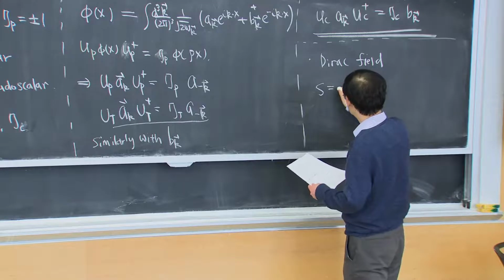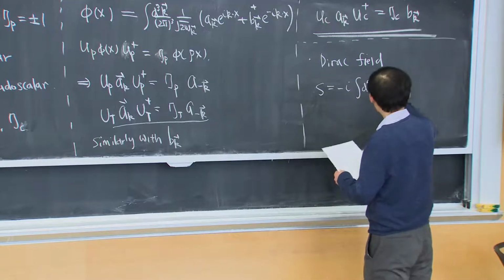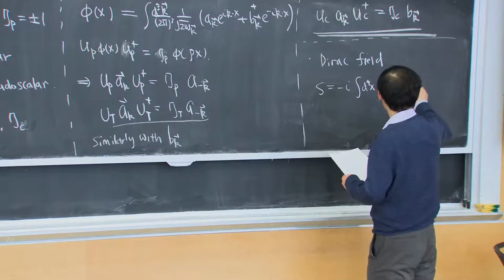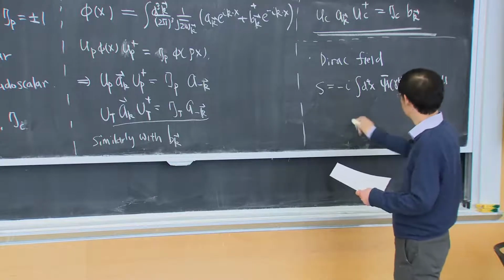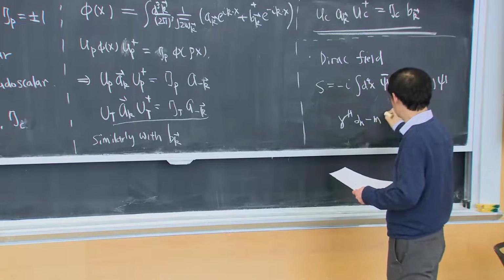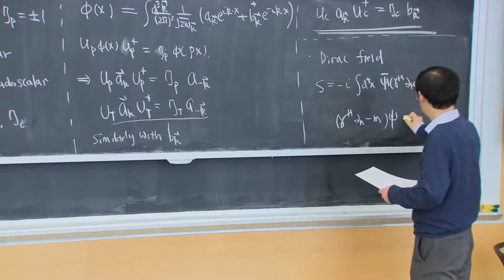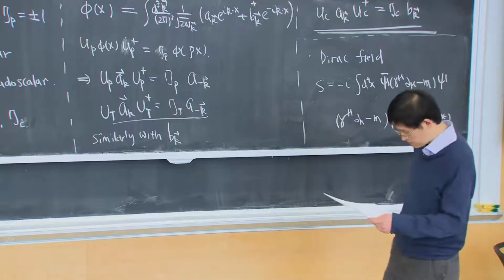Let's write down the action for the Dirac theory, and then let's also write down its equation of motion. Now let me call this equation star, erase the earlier star.